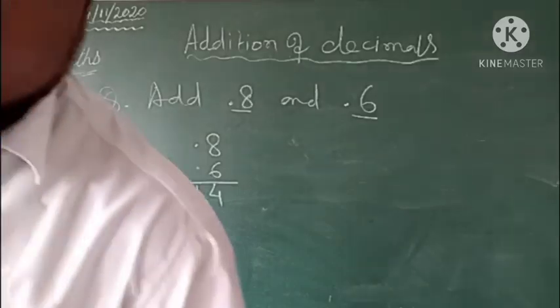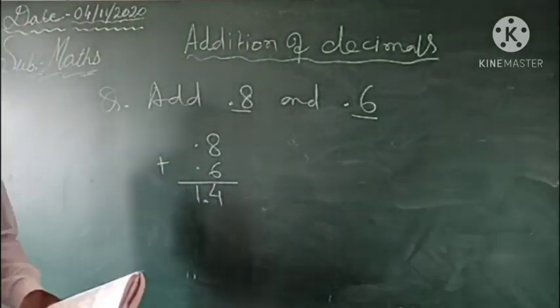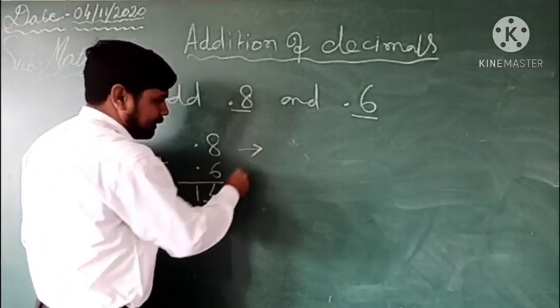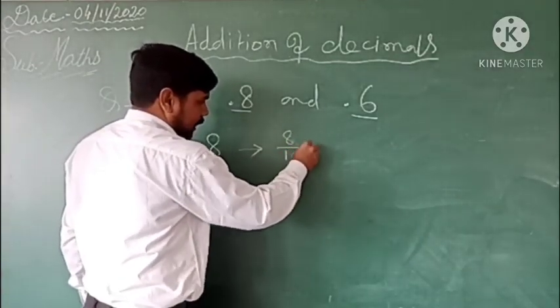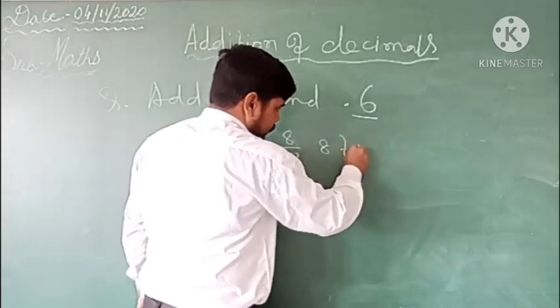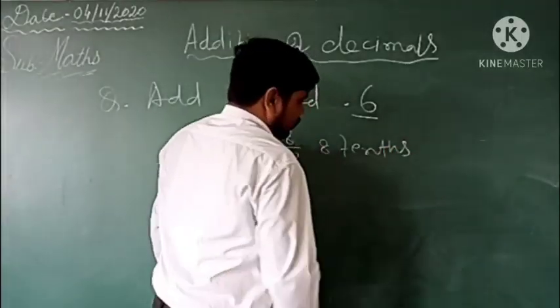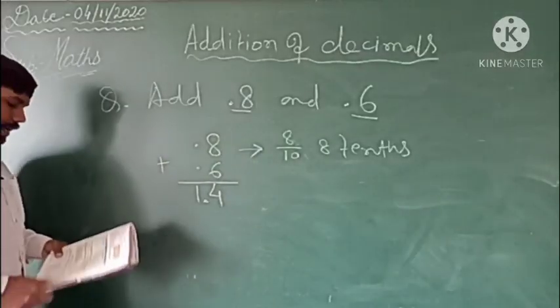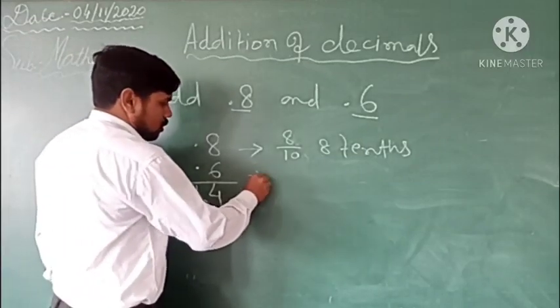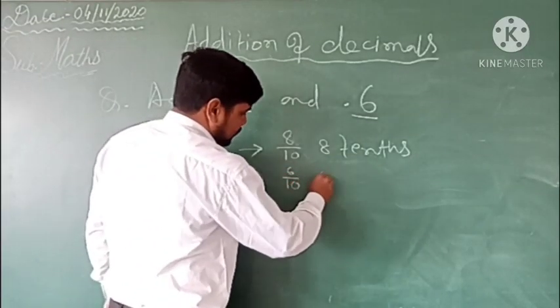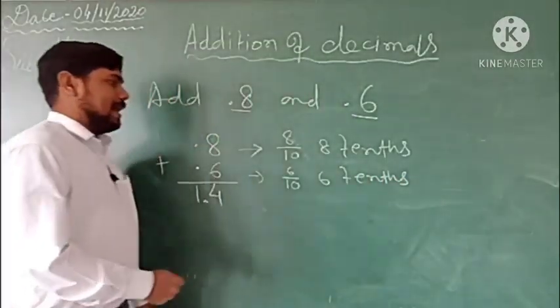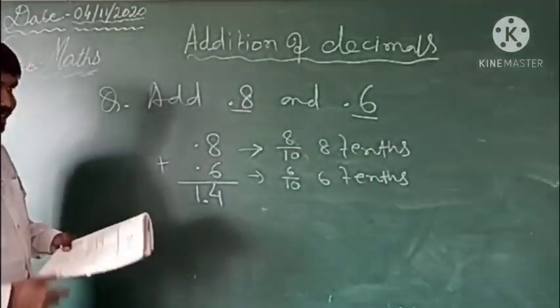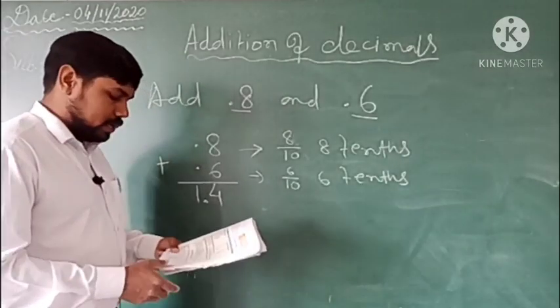Why this? Because we know here decimal 8 means 8 tenths, 8 by 10. So decimal 8 means 8 by 10 or 8 tenths, and decimal 6 means 6 by 10, so 6 tenths. So if you add 8 tenths and 6 tenths, then it will be 14 tenths, right?